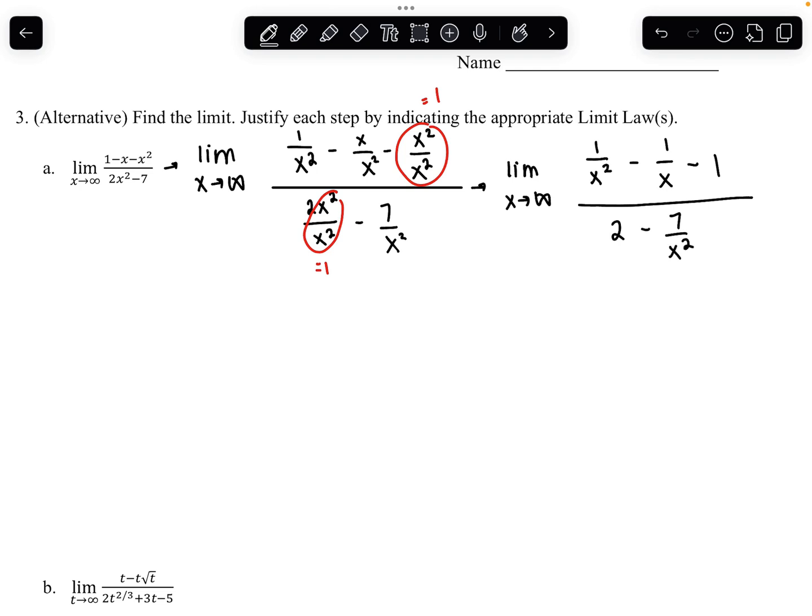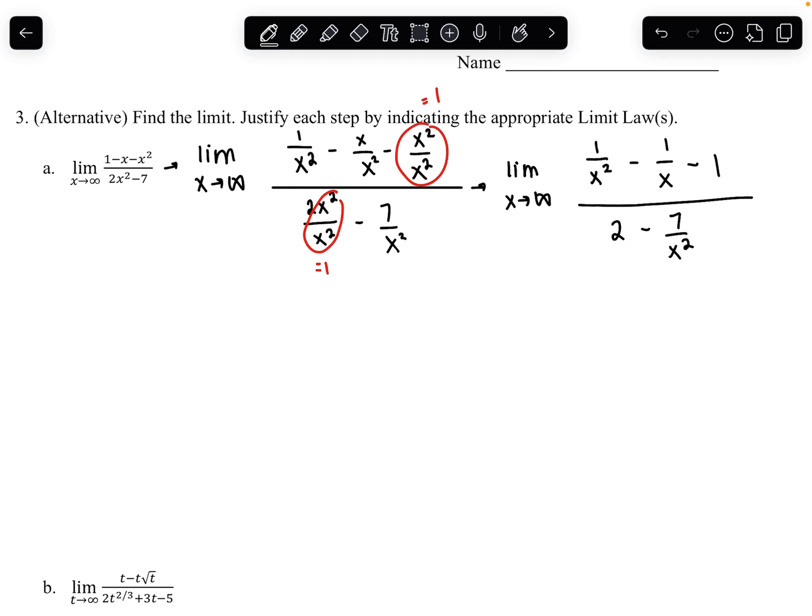Now we're going to use our summation law, or difference law, and we're going to apply the limit. Actually, no. We're going to use our quotient law first, and then we're going to use our difference law.